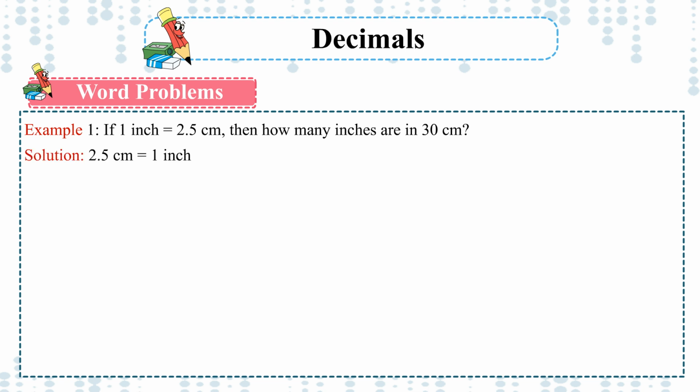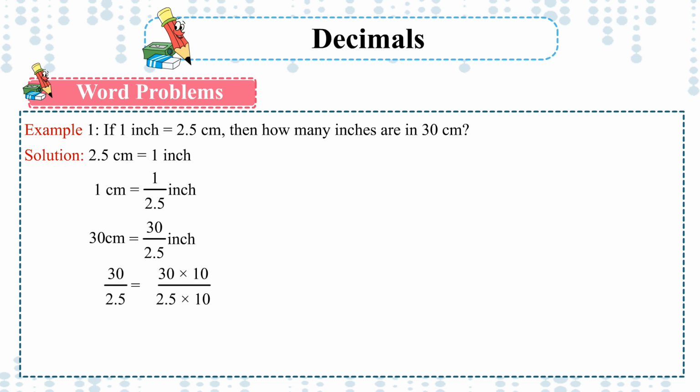Solution. 2.5 centimeters is equal to 1 inch. 1 centimeter is equal to 1 upon 2.5 inch. 30 centimeters is equal to 30 upon 2.5 inches. 30 upon 2.5 is equal to 30 multiply 10 upon 2.5 multiply 10 is equal to 300 upon 25 is equal to 12 inches.